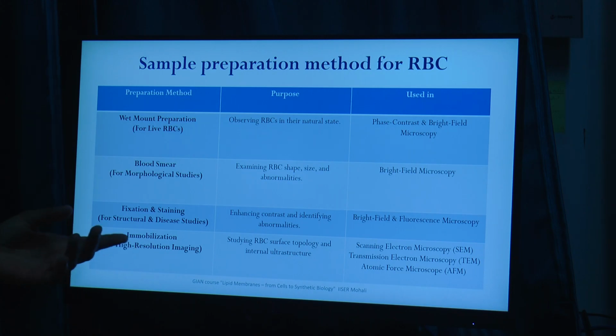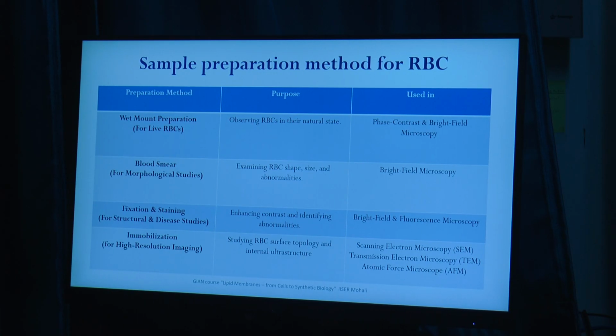And the fourth method in which we can prepare the sample is called the immobilization technique. Immobilization is used for microscopies like AFM, SEM and TEM, where you know that when you are looking at a red blood cell through the eyes of an atomic force microscope, SEM or TEM, we are not looking through optics. We are having a direct contact. Now a red blood cell is mostly fluid inside.